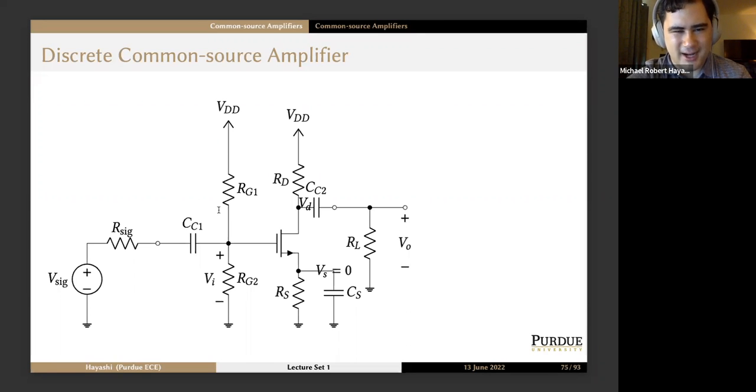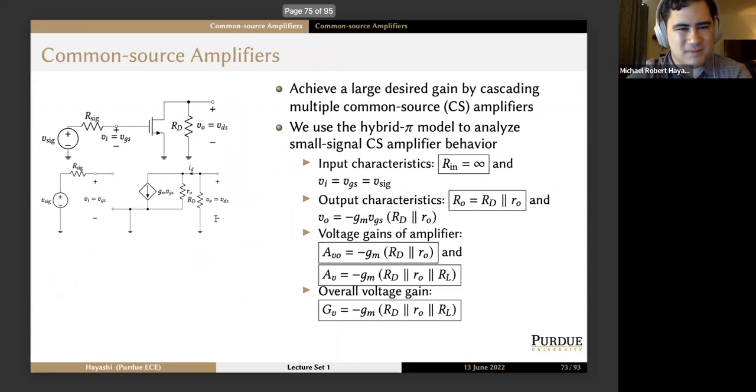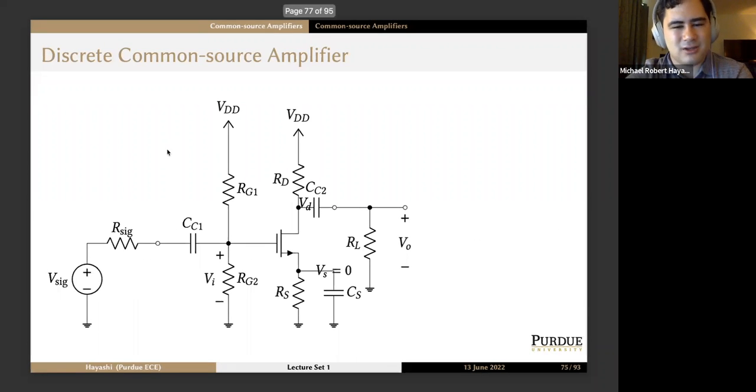RG1 and RG2 provide a voltage at the gate, which combined with the gate to source voltage produces the control voltage that turns this on and causes a DC value of VDS. Now, RD is not our load resistance. It is one of our biasing resistances, and it factors prominently into our equations. RS did not appear in any of our equations. In fact, it was not in our small signal model at all. We just had a ground. So what gives?